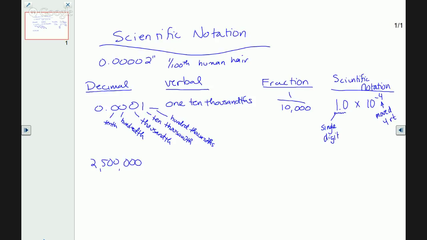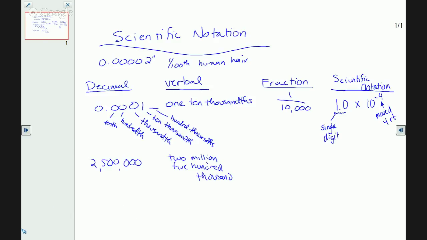Neither will I, honestly. So this is what verbally? 2.5 million works. And lots of ways to write that one down. Do you want me to label the spots here?